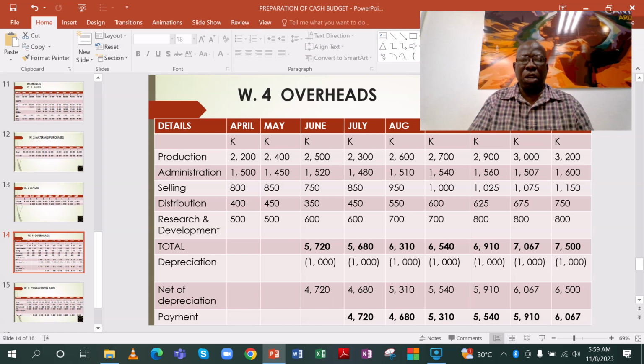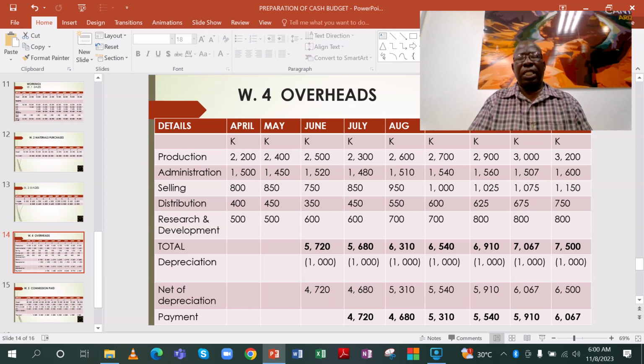Because what is going to accumulate in June is going to be paid in July, our first month of interest. So we need to capture the data from June. So you look at the total of these overhead elements, which is coming to 5,720 in June, 5,680 in July, and 6,310 in August, and so on and so forth.